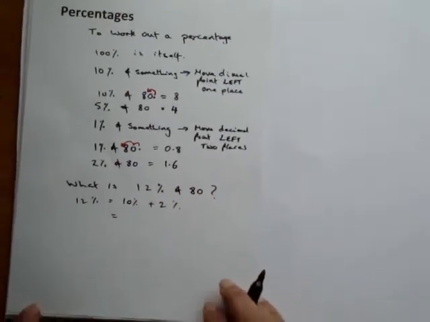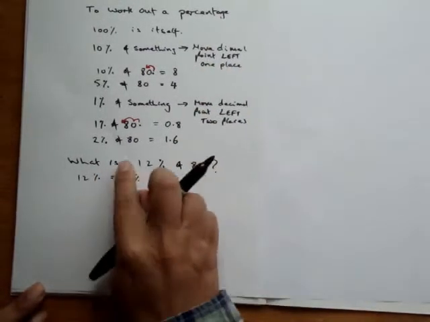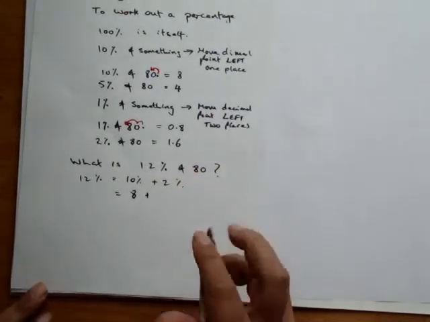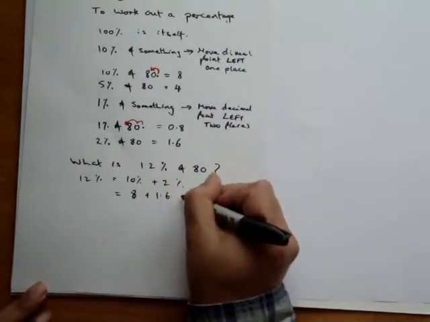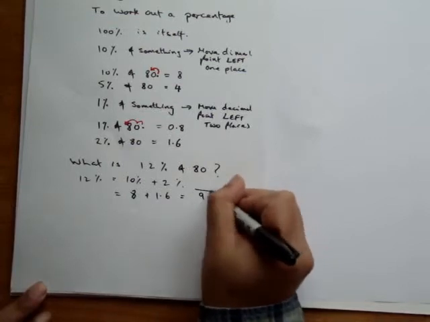So we already worked that out. Our 10% was 8 and our 2% was 1.6. So the answer is 9.6.